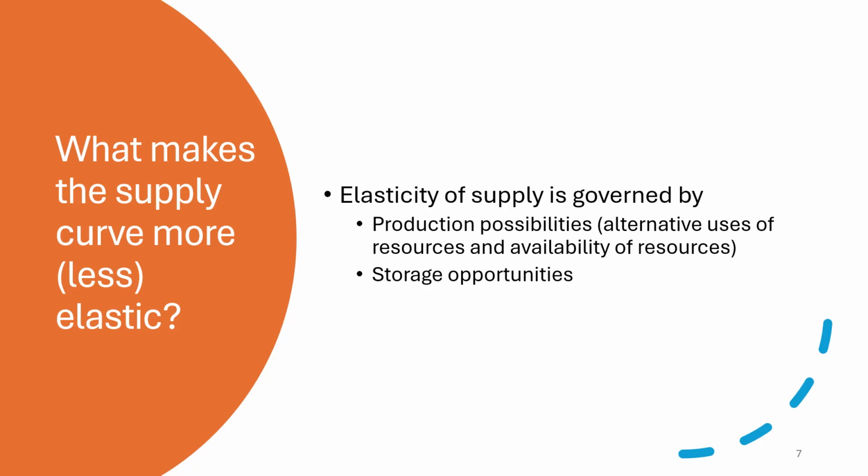On the other hand, if you could freely store and then resell a product, that would make a more elastic supply curve. You can think about that in the context of flowers and candies at Valentine's Day, where the supply curve for flowers is more inelastic because they cannot be stored as easily as candies can. And so we would expect to see a larger run-up in prices for flowers than for candies in the lead up to Valentine's Day.